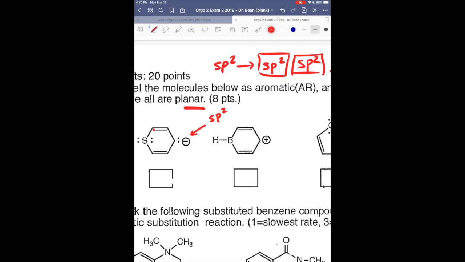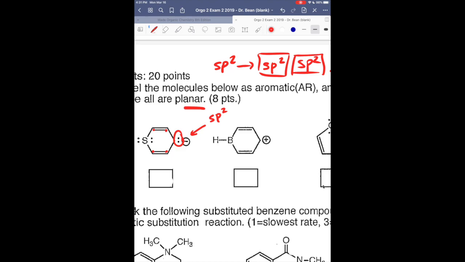So going back to the original question, we have 1, 2, 3, 4 pi electrons. And then we need to ask ourselves, is this lone pair right here going to be a part of that pi system? If the lone pair is in a pi orbital, then yes.